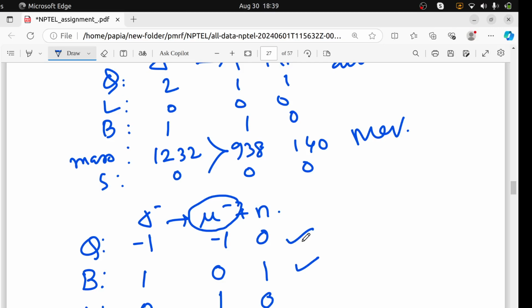If a neutrino is present in any nuclear reaction, that is obviously weak interaction, because neutrinos only interact through weak interaction. And for strong interaction, we have to check whether a strange particle is there or not, and the strangeness quantum number should be conserved for strong interaction. So these points we have to remember, and accordingly we will answer the questions.